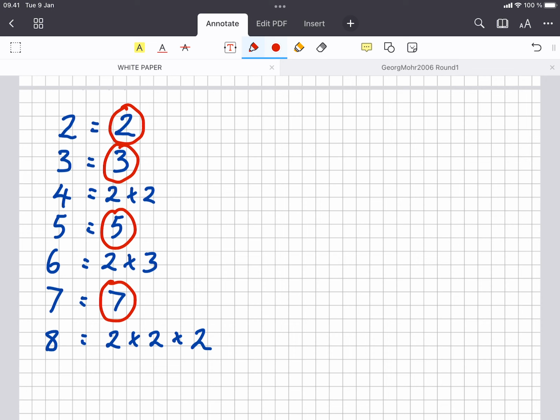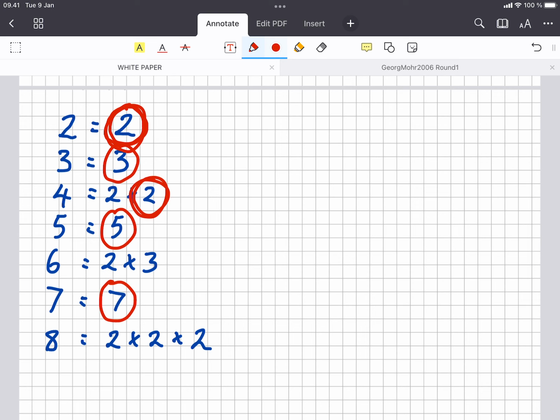It's also got to be divisible by the other numbers. So it's got to be divisible by 4, which is 2 times 2. So if we've already made a number that's divisible by 2, then we only need another 2 in there to make it divisible by 2 times 2. To be divisible by 6, it's got to be divisible by 2 times 3.